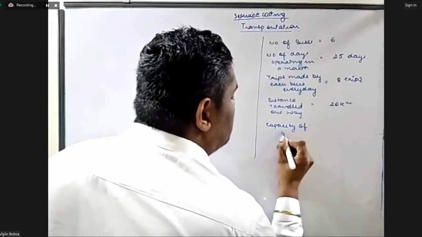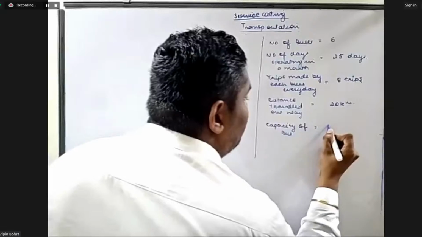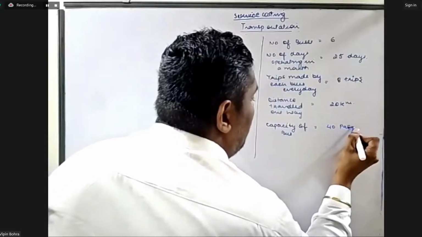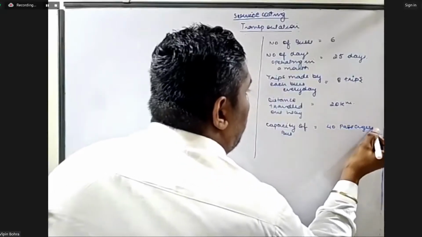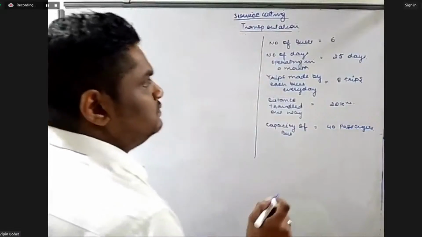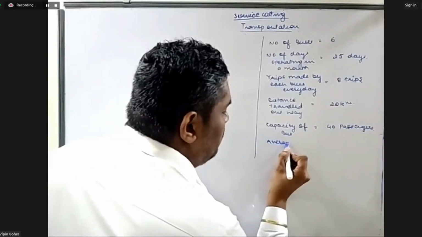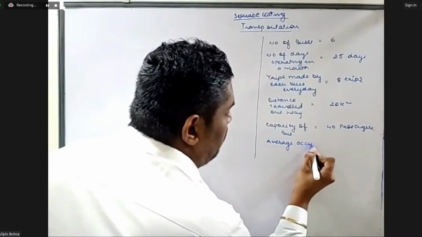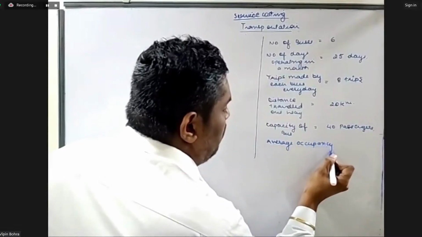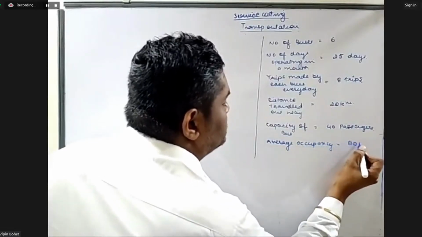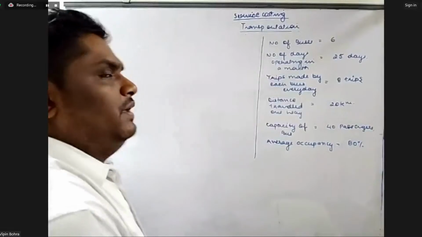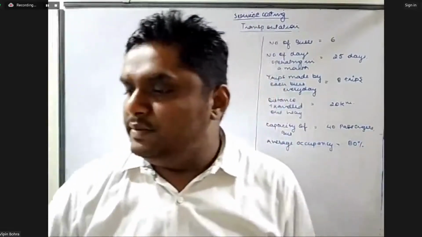Capacity of bus is 40 passengers, and let's say average occupancy is 80%.